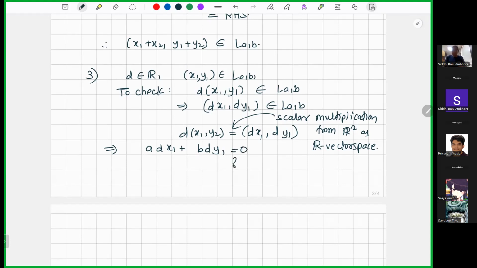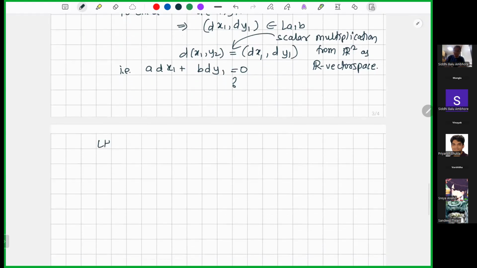So if I start with the left hand side, it is just A d x1 plus B d y1. And since we are in real numbers, this is d times (A x1 plus B y1), and this is 0 because x1, y1 belongs to L_AB. Ma'am, what is the composition of it?